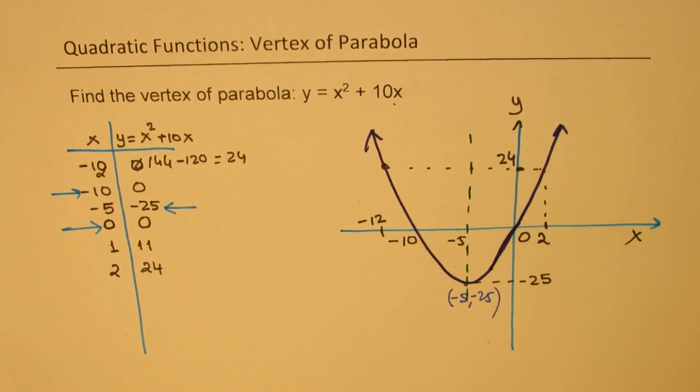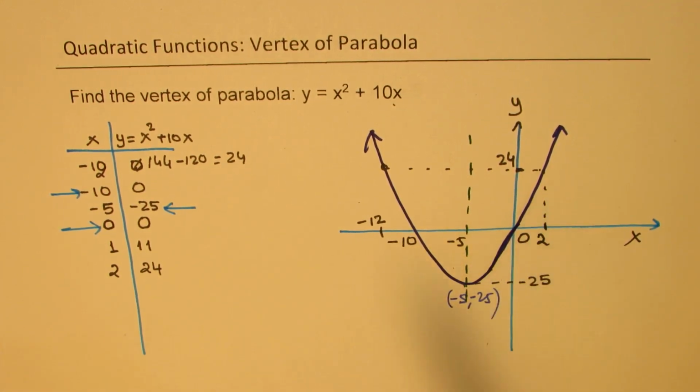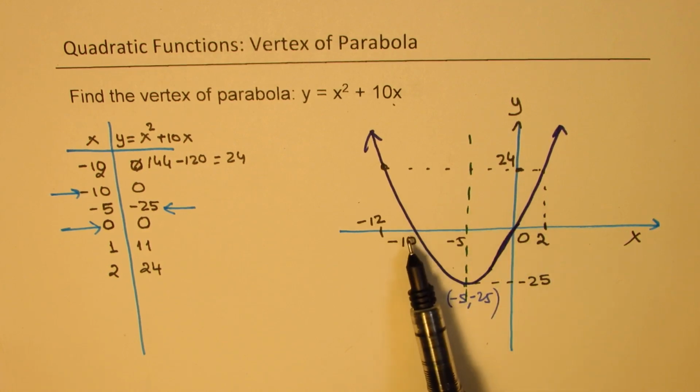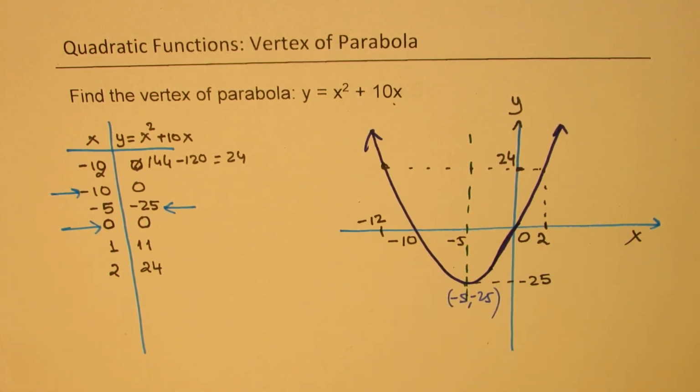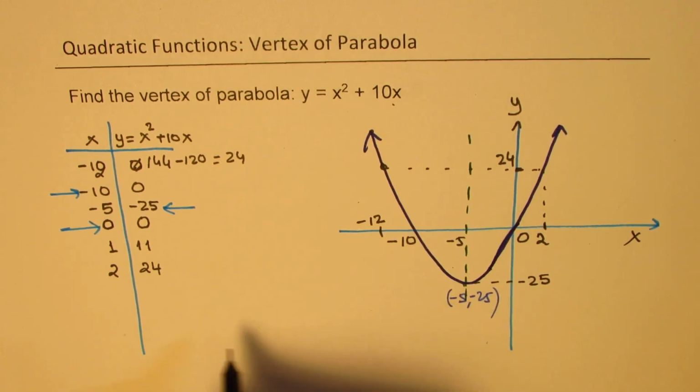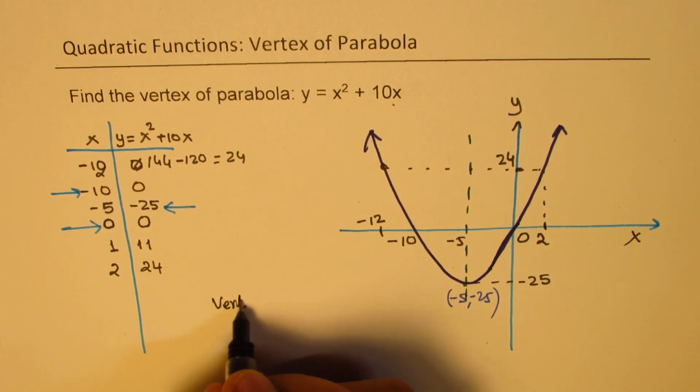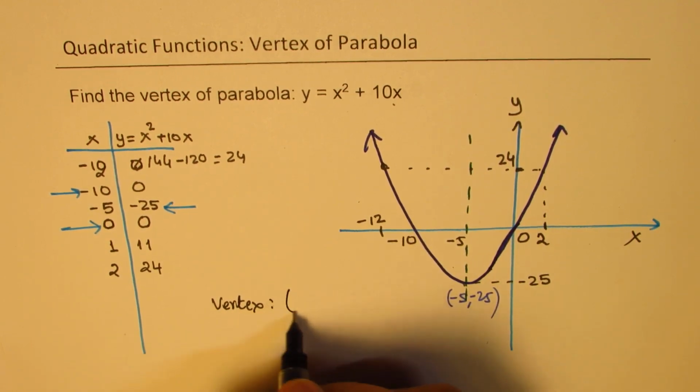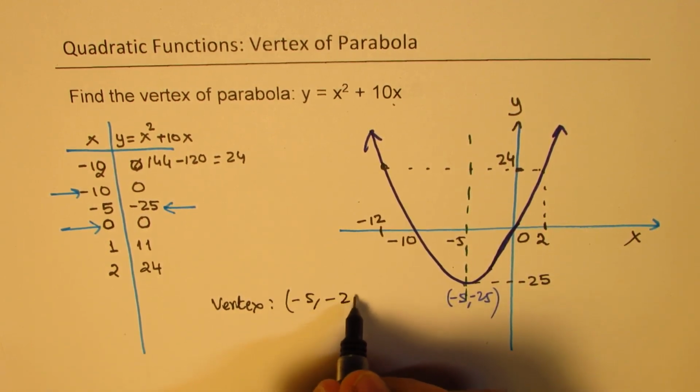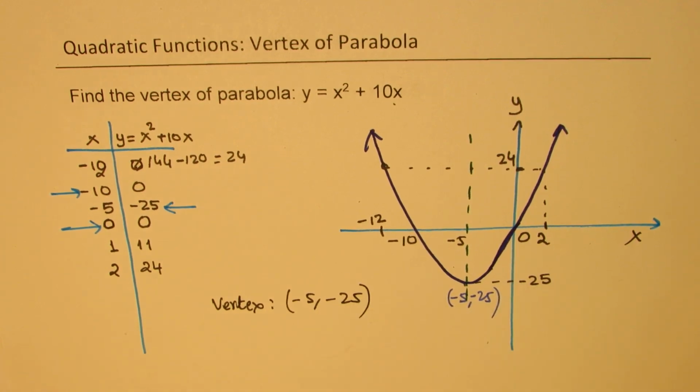So on a graph paper, when you sketch, you get a curve like this. And from the parabola, you get your x-intercepts, vertex, a lot of information, right? Now, to find the vertex, clearly the turning point, we get our solution that the vertex is at minus 5, minus 25. Correct? Now let's take up the next question.